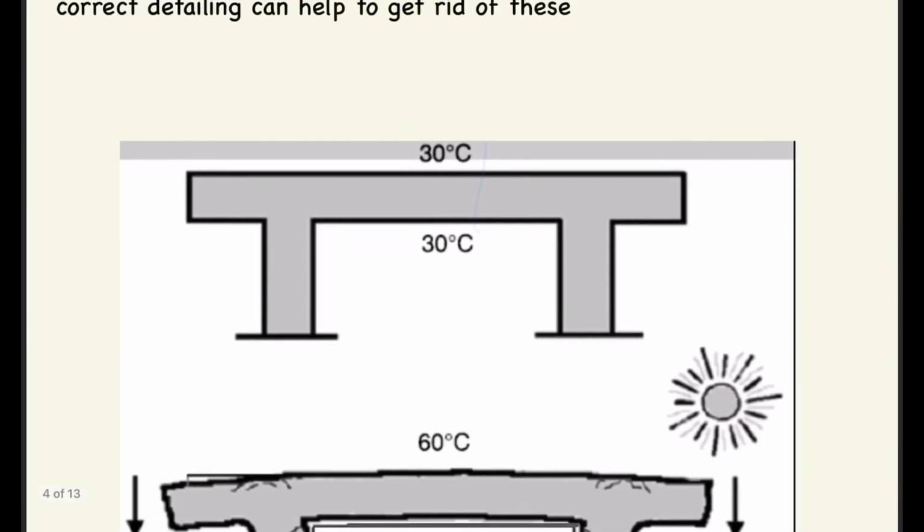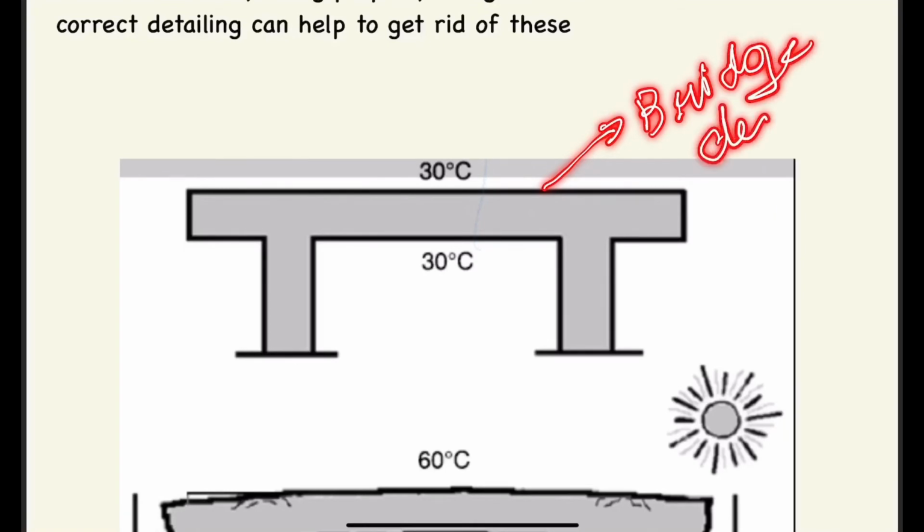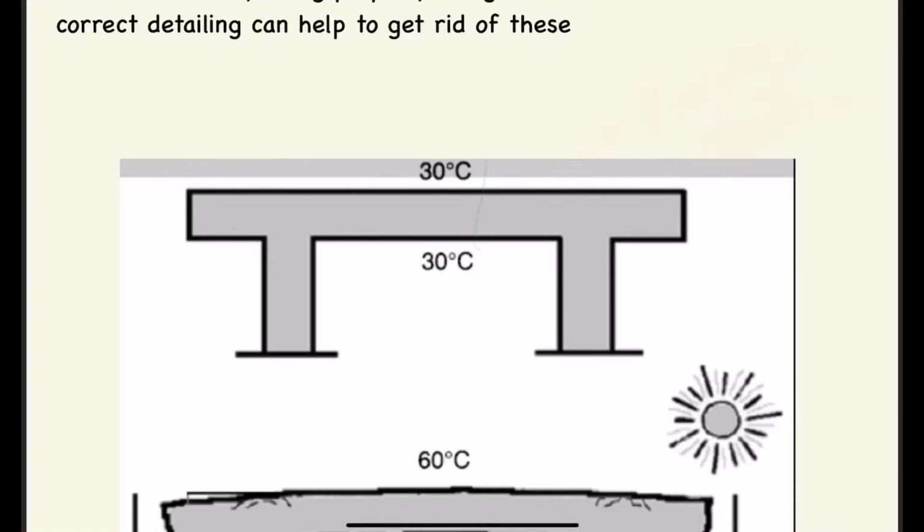So this is the bridge deck. What is happening here? Due to continuous sunlight, this layer is expanding more as compared to this layer.